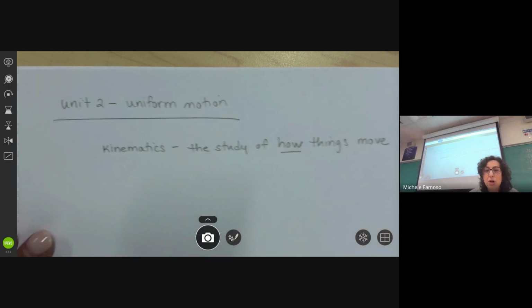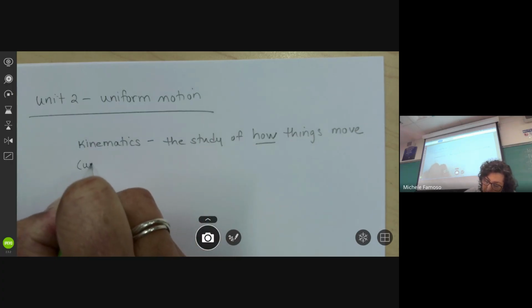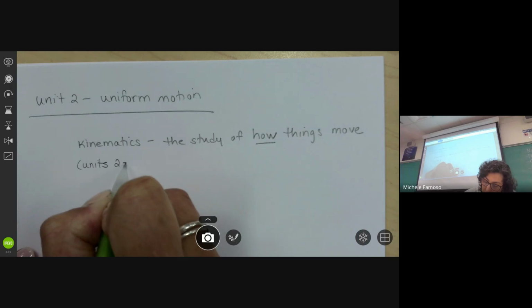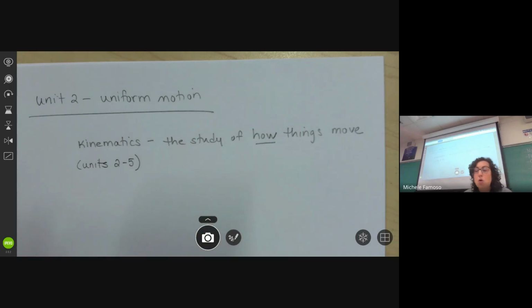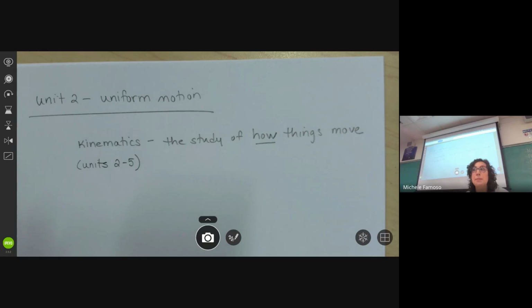We're not going to concern ourselves with why they're moving the way they do, just how are they moving. This is actually going to bring us all the way through Unit 5 of our course, where we're going to break down the motion into different kinds of motion. The type of motion we're dealing with in Unit 2 is the simplest of all of them, where things are moving uniformly. That means with a constant speed.